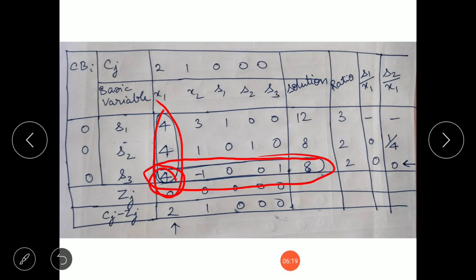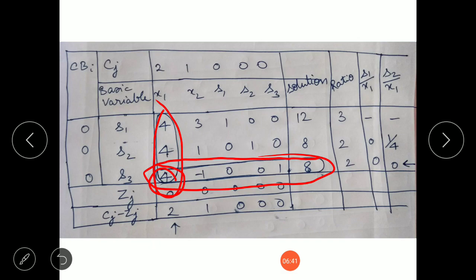If the optimal condition is reached, we'll stop there. If not, we'll move forward and make iteration table 2. We'll keep forming the iteration tables till all the elements of the Cj minus Zj row are either 0 or negative.